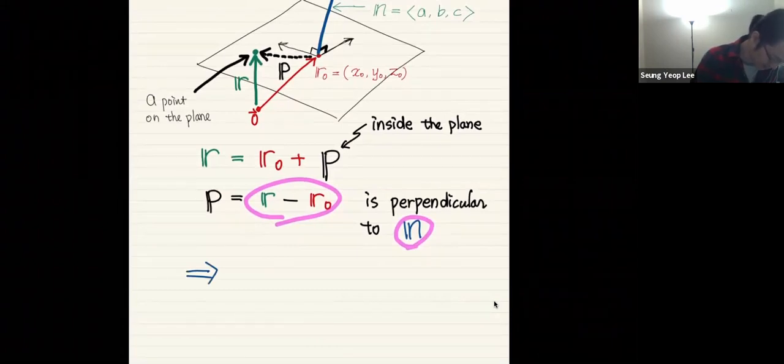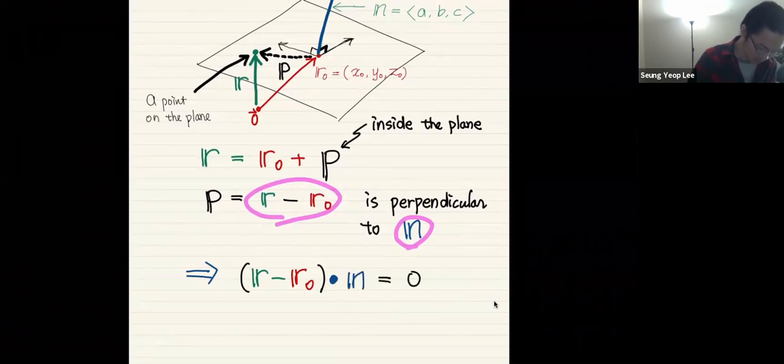So that's the answer: R minus R0, dot product with the normal vector N, is equal to 0. So that's the equation of the plane.